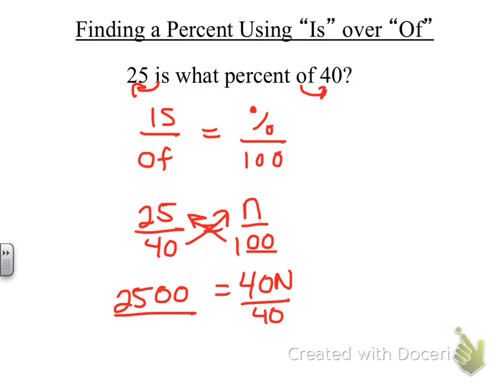Division property of equality. And n is equal to, right away, I'm getting rid of my zeros. There's 2 zeros on the end. Now, 4 is easier to go into than 40. 4 into 250. And what did you guys get?